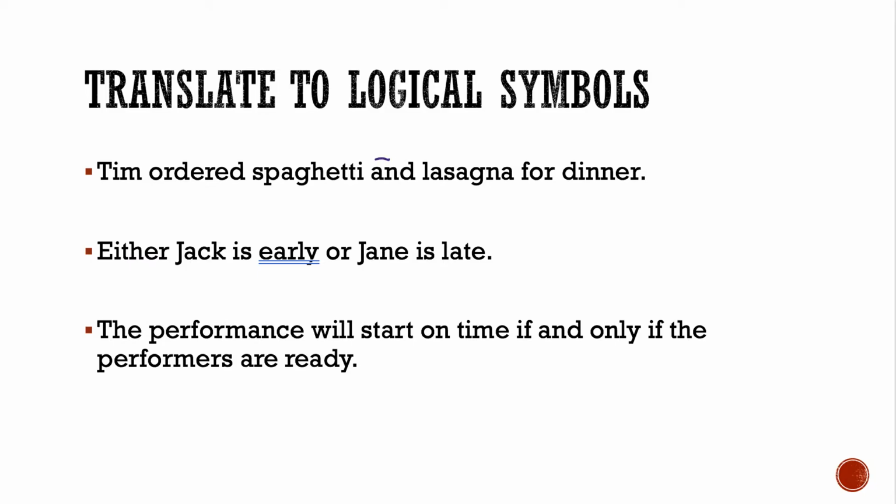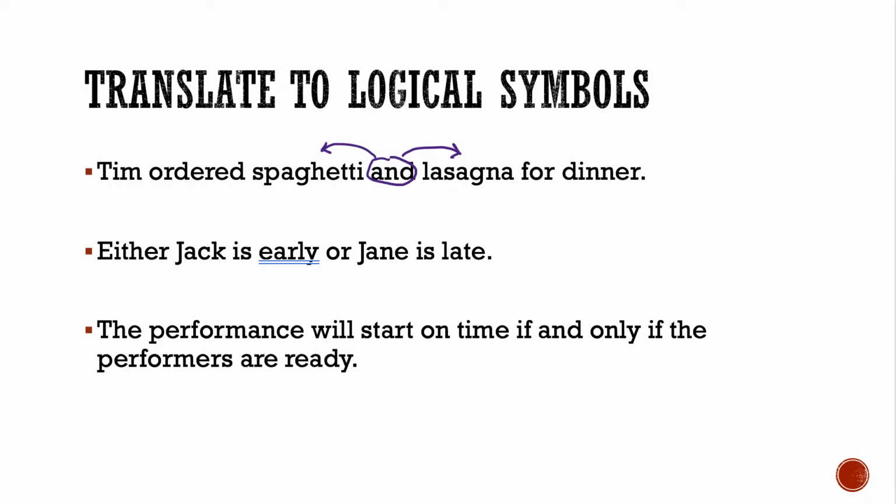So the connective is going to be the word and. Typically, before the connective, you will have one simple statement. And after the connective, you will have a second simple statement. Remember, a compound statement is two simple statements joined together by a connective. So typically one is to the left and one is to the right of that connective word.